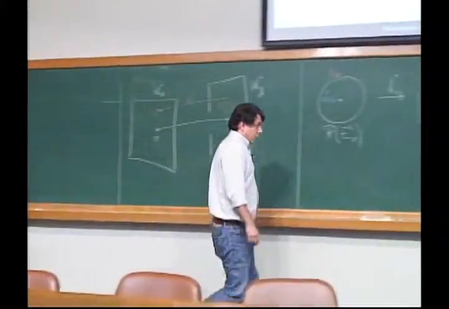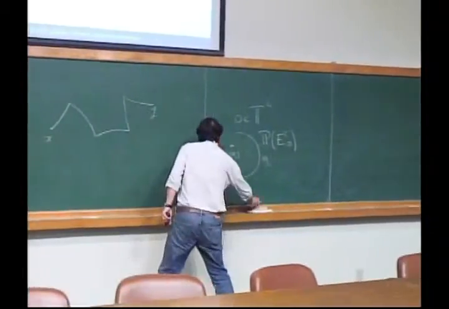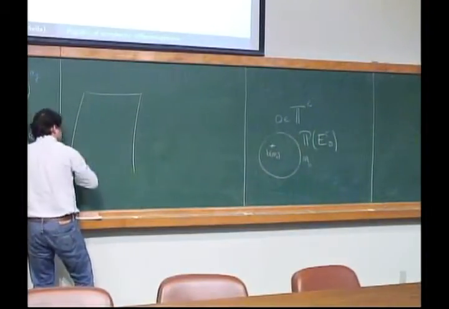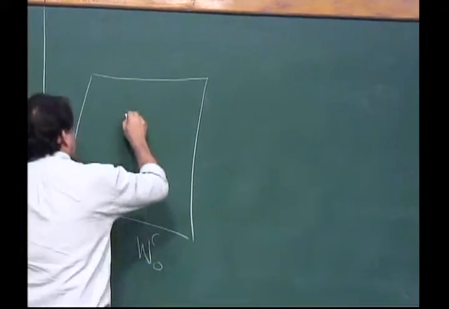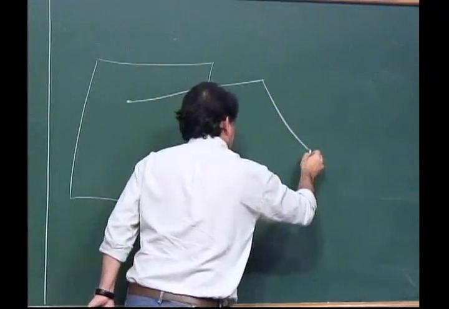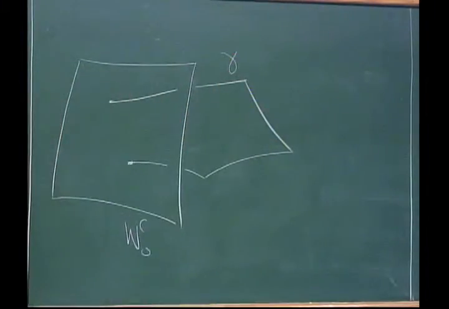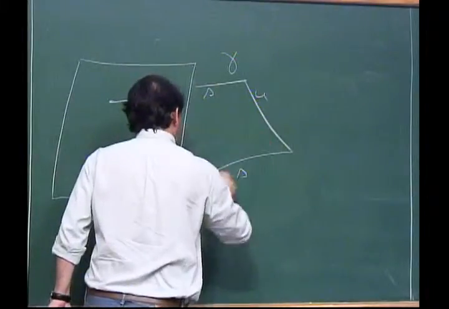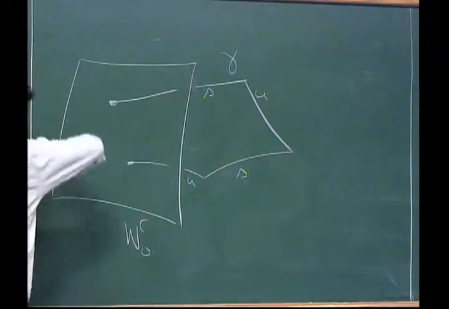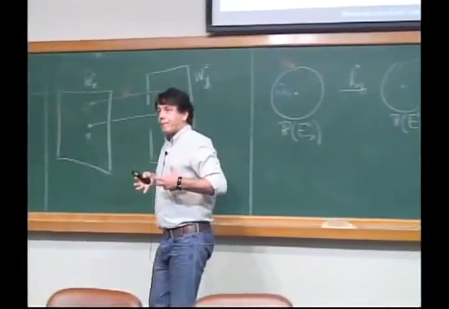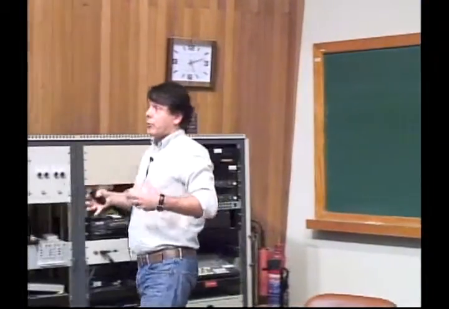The problem is that you have to check that if you start on this center leaf and you move around by accessibility, and you happen to come back, so this is some path gamma, an SU path, what you get is consistent with the structure that you chose in the beginning.